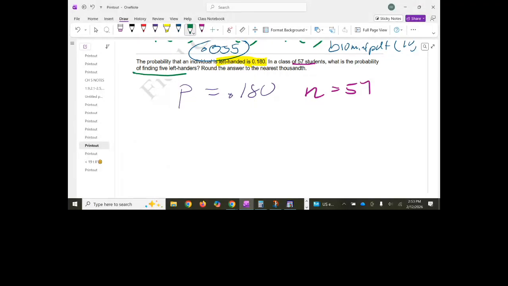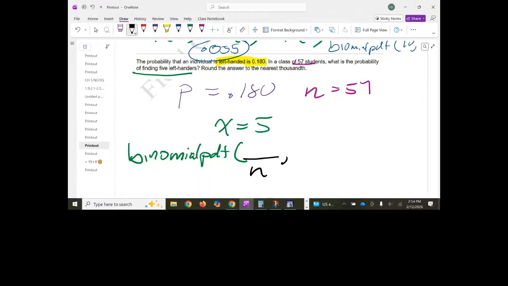We are looking for the probability that exactly 5 of them are left-handed. Binomial PDF. Y'all remember, the first number is my n, the second number is my p, the last number is my x. We got 57 folks. Probability that you're left-handed, 0.18. We're looking for 5 out of those 57.